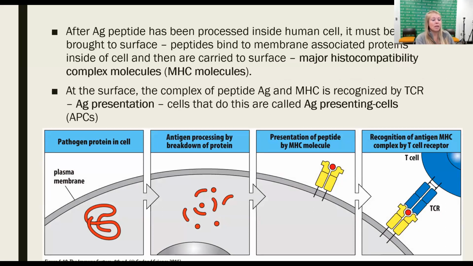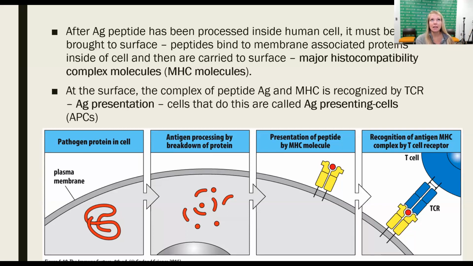Okay, so this pathogen gets into a cell. It's either taken up by phagocytosis, or it is a virus that has infected a cell, a dendritic cell, say. It's chopped up into pieces through antigen processing, and it's loaded on this human protein, and this protein is called an MHC molecule, major histocompatibility complex, MHC. We don't ever use the whole term, we just say MHC.